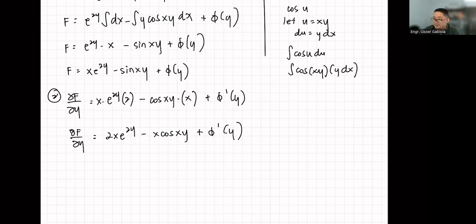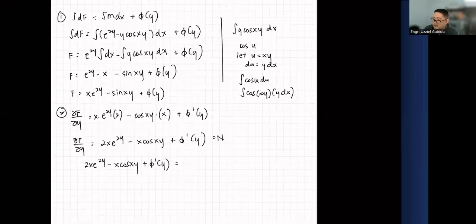Okay? Anong next step dito? Equate natin sa N. Okay? So we have 2x e2y minus x cosine of xy plus phi prime y is equals dun sa value ng N natin, which is from our previous slide. Sulat ko na lang po.